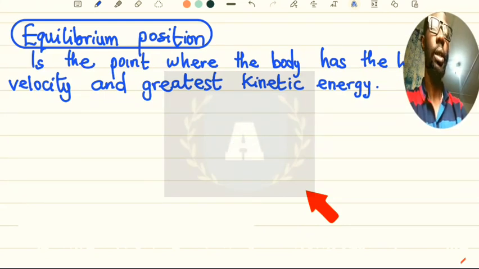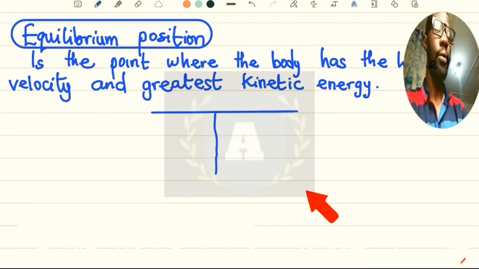Now, where do we see that? Let me draw this diagram of a simple pendulum oscillating to and fro. I drew the other one to show us the maximum displacement. Here the object has the maximum displacement.